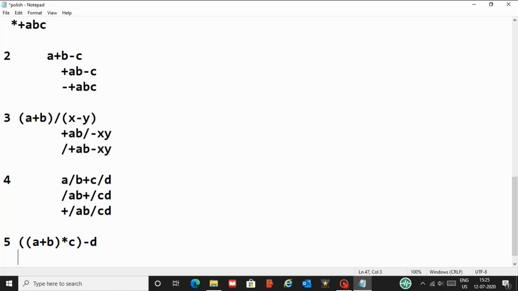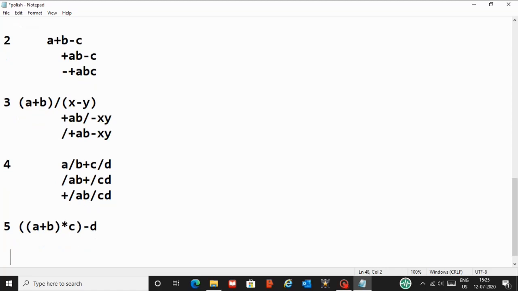See, first the brackets. So, A plus B star C, that bracket has to be evaluated first. And then in this bracket also, you have one more bracket over there. The first bracket would be evaluated, minus D I will keep as it is.